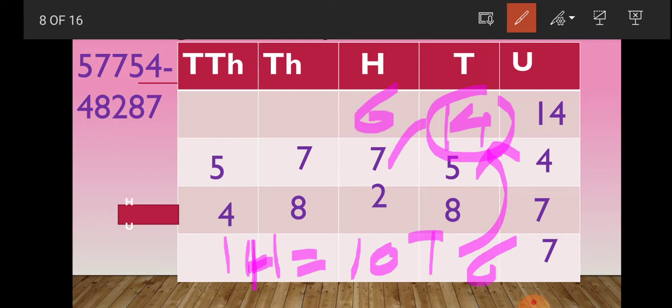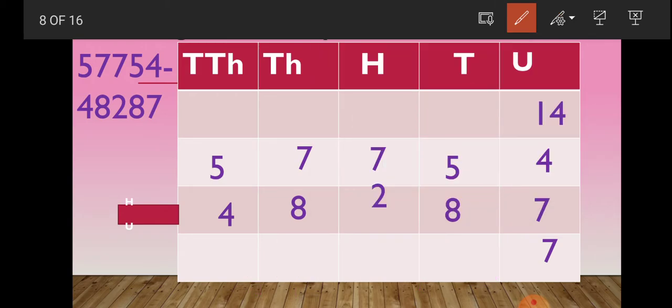All of you understood? Look here. When you take a borrow, 100 means 10 tens, and here is 4 tens, total 14 tens. Then subtract 8 from 14, remain 6 tens.